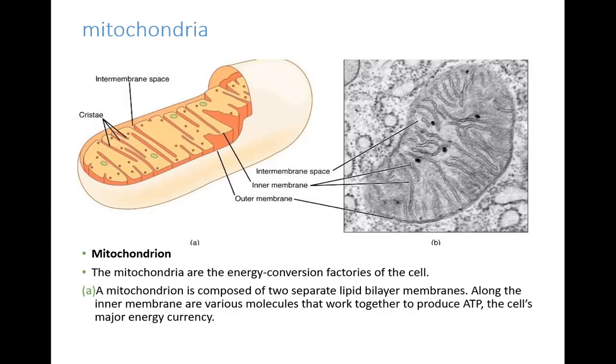A better term for it is the energy conversion center, because mitochondria is where sugars are essentially oxidized, they're burnt, if you will, to release their stored energy. And that stored energy then is used to make ATP.